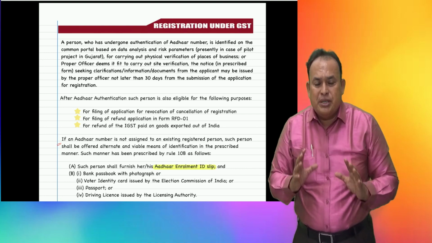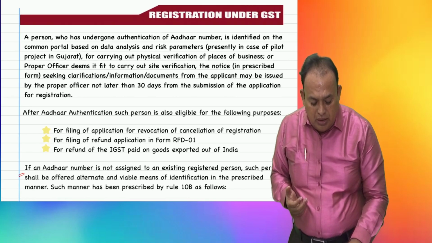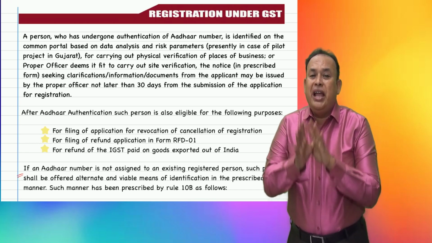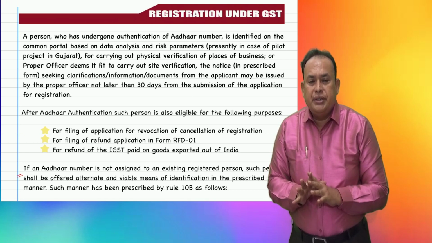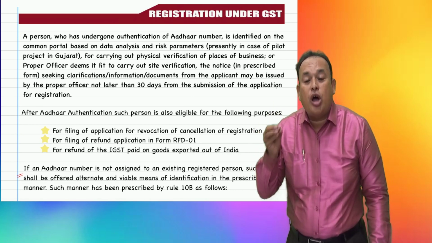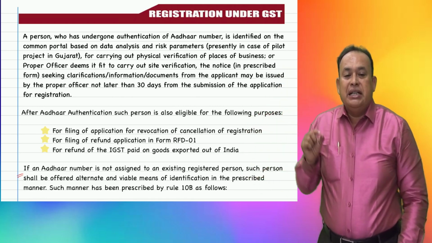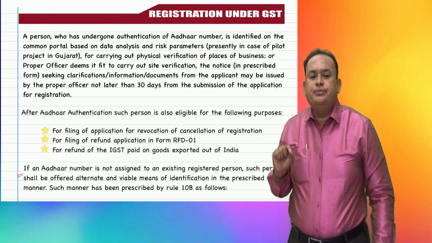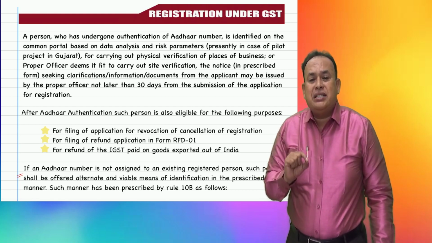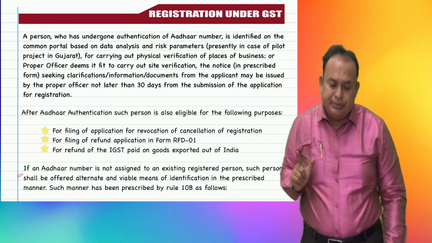For this purpose, on pilot basis, a particular scheme has been introduced only in the state of Gujarat. A person who has undergone authentication of Aadhaar number is identified on the common portal based on the data analysis and risk parameters.